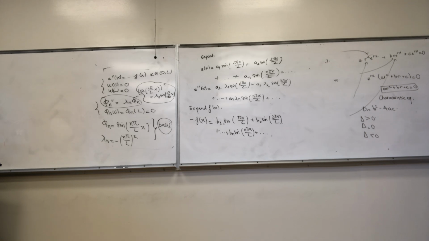How can I compute the coefficient bn? Take the integral of the product of the function and the basis function, divided by the integral of the basis function squared.